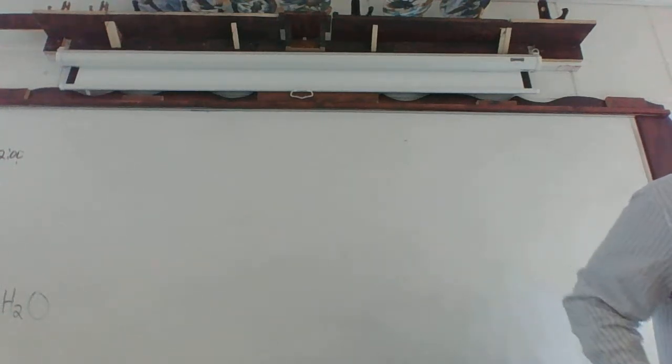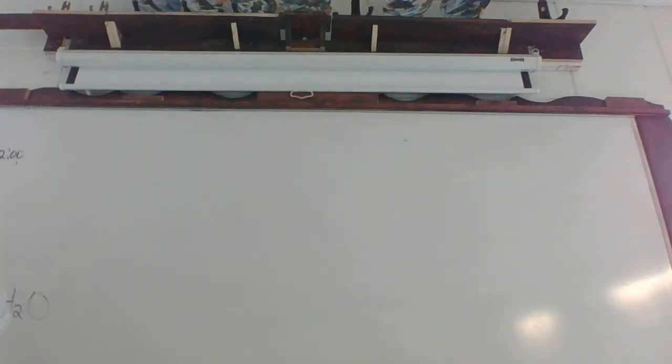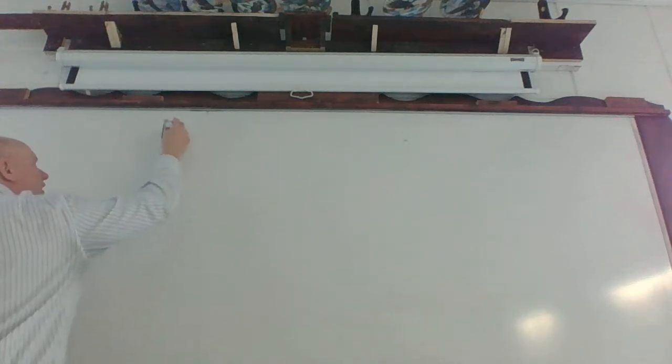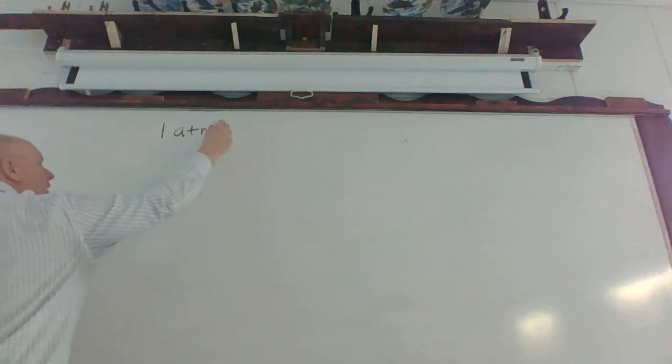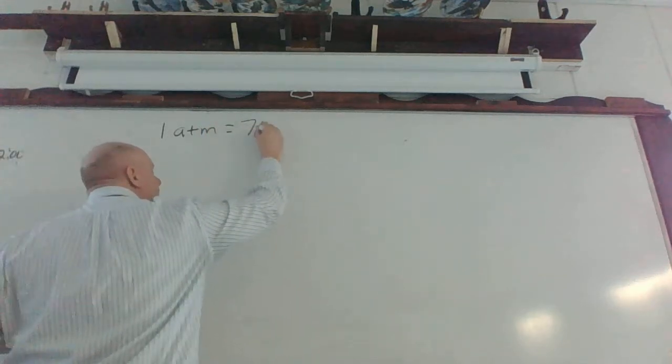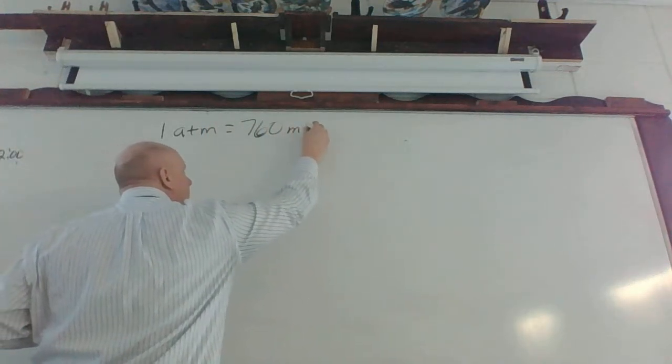All right. So what this means is the standard unit for pressure is an atmosphere. Typically you can put 1 in front, that's fine. So 1 atmosphere of pressure equals 760 millimeters of mercury.